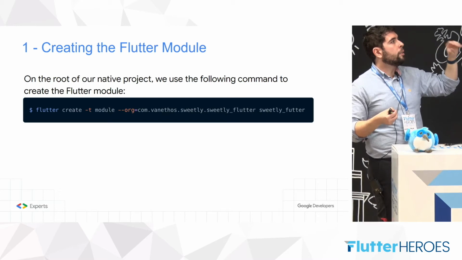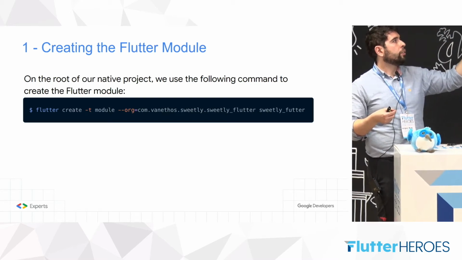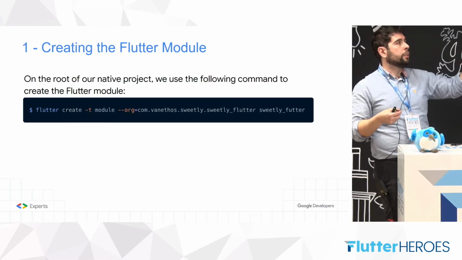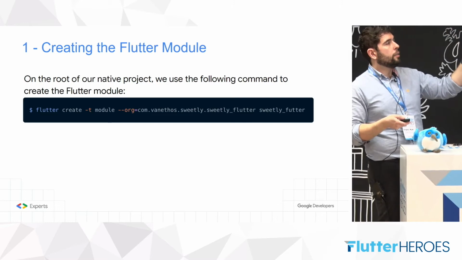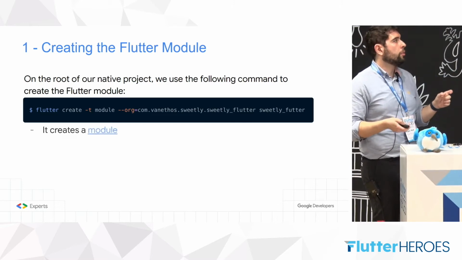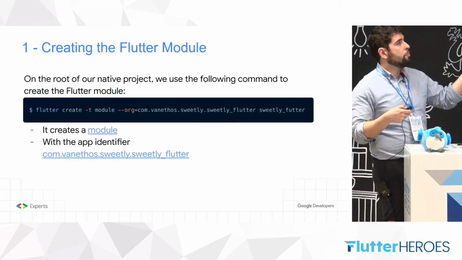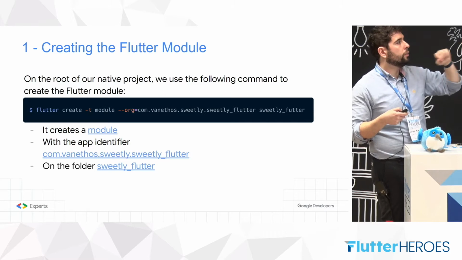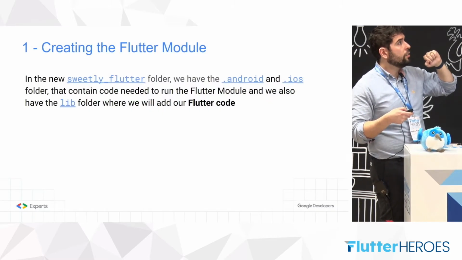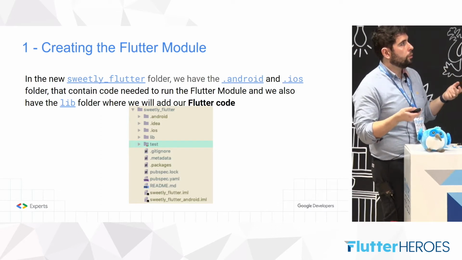And you can enable this by doing flutter create -t module, put your organization, so whatever is going to be in your build.gradle, and then put the name of your module. It will create a new Flutter module, which has the app and identifier that we've put there, and it's going to be created in the Sweetly Flutter folder, and it will contain several files that will host your Flutter code.